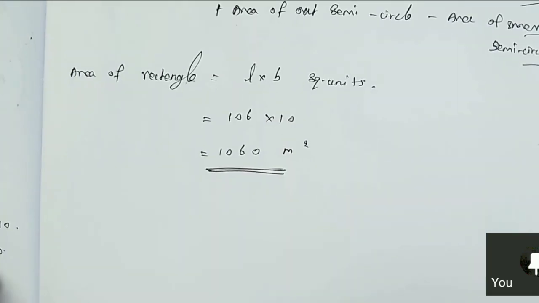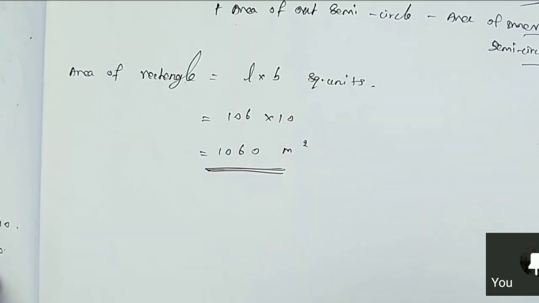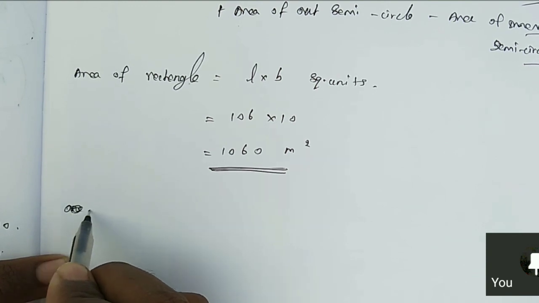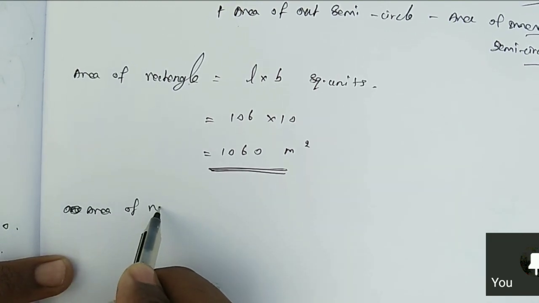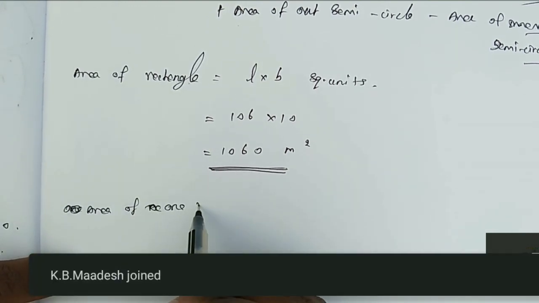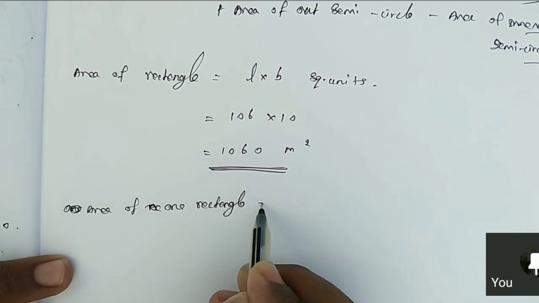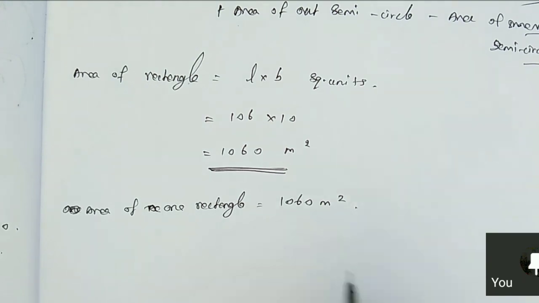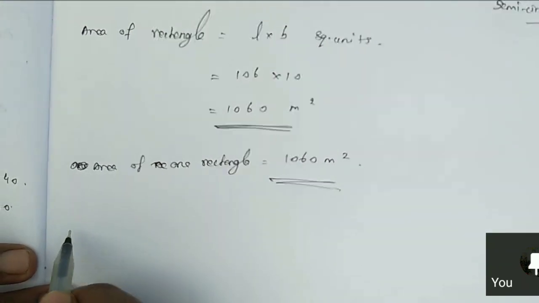Clear? So one more rectangle path, the same thing. We can write one more rectangle, otherwise there will be confusion. So one more rectangle is equal to 1060 meter square, right? Clear? Okay.